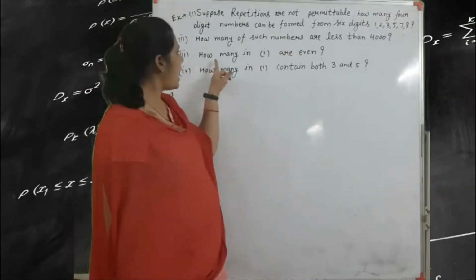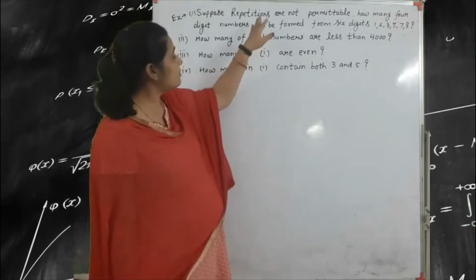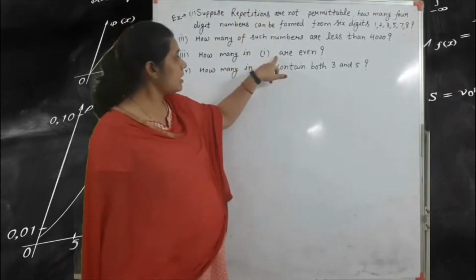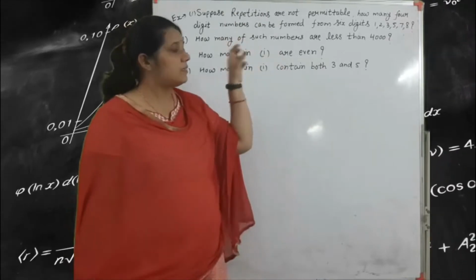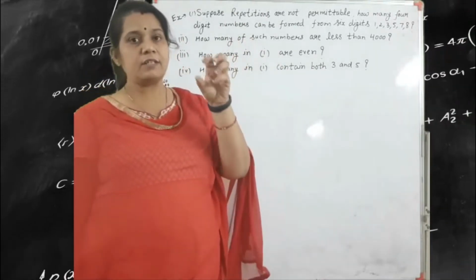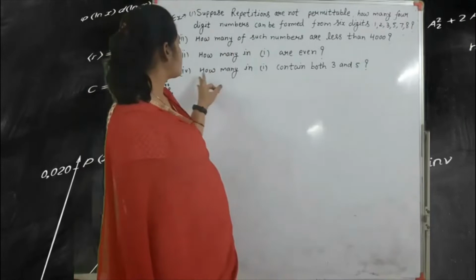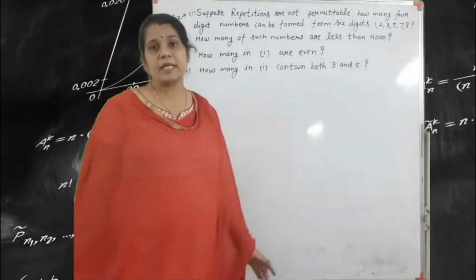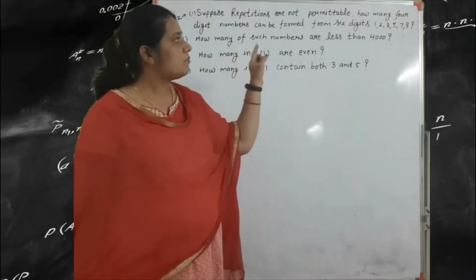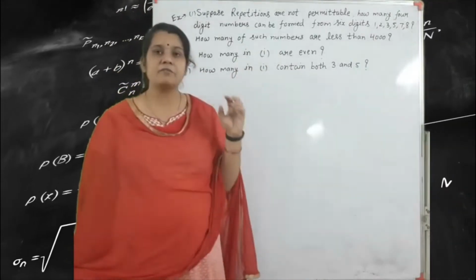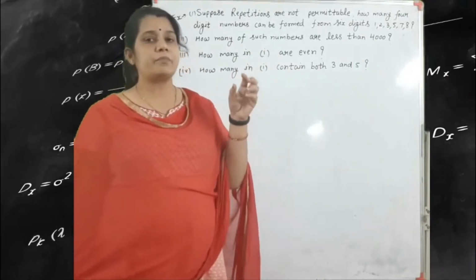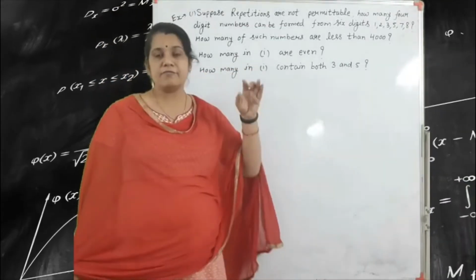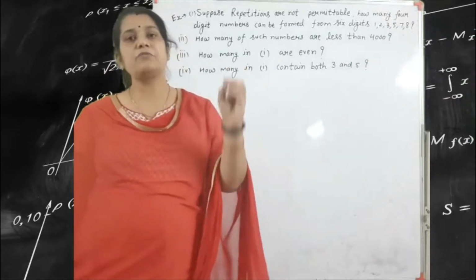Third question is how many are even. And the next is how many contain both 3 and 5, meaning we use 4 digits from the 6 digits, and 3 and 5 are also included in the 4-digit number.